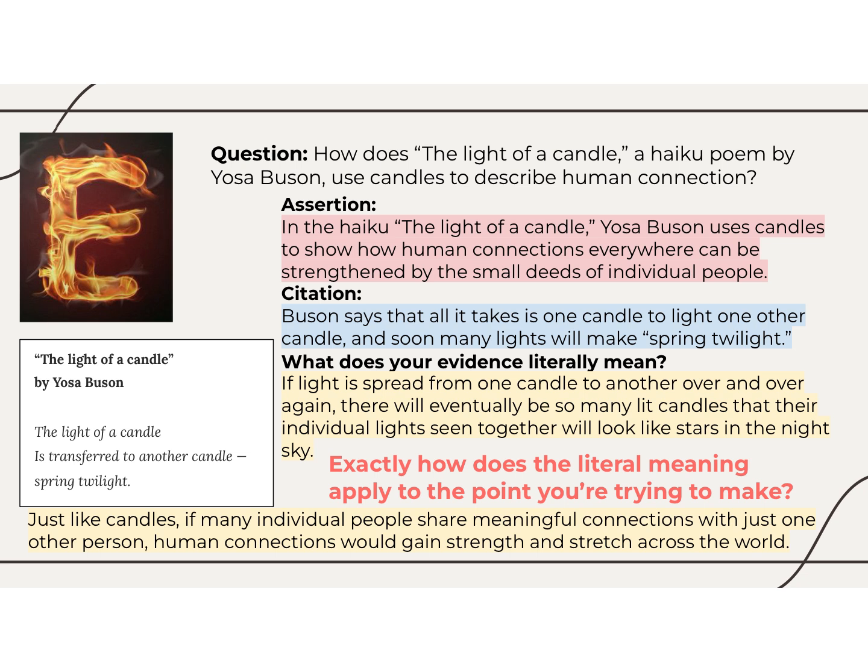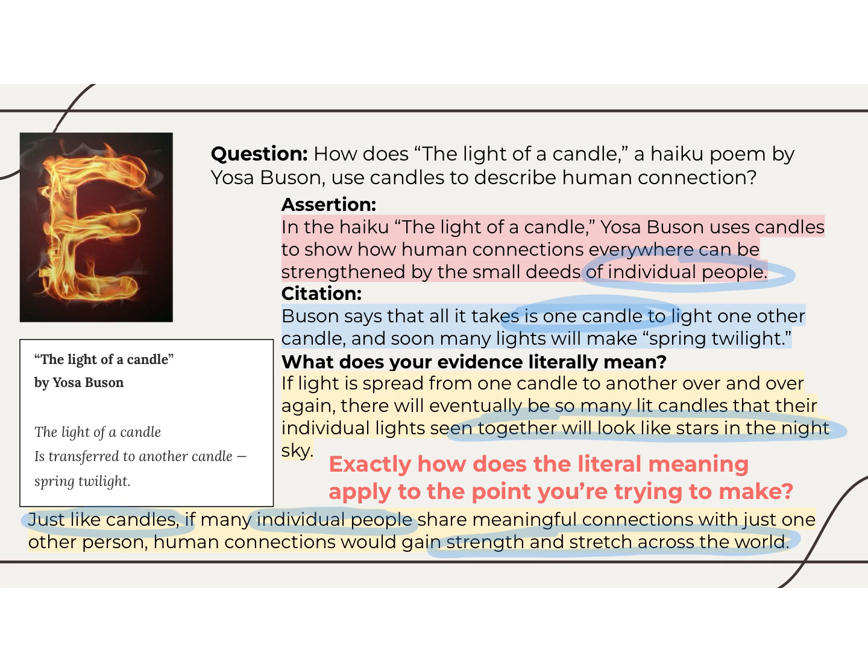Can you see how we have taken keywords from our own assertion and used them to prove our assertion by connecting them to, just like candles, in our citation? And then together they look like stars in the night, connects with they gain strength and stretch across the world, how everything starts to make sense.